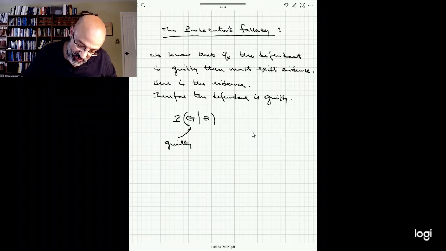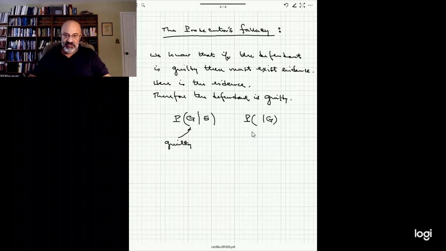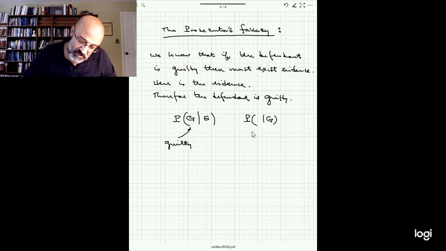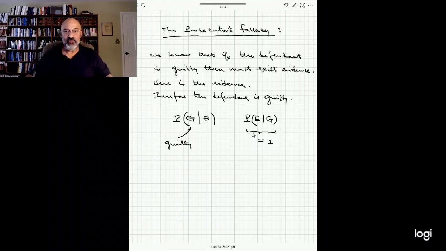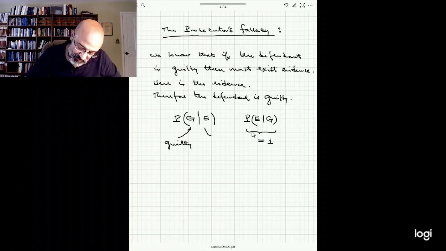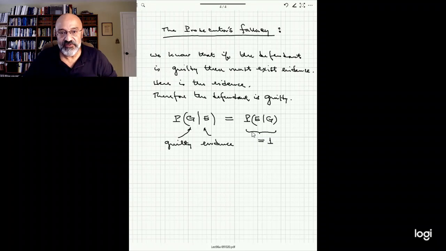What we actually know is that if the defendant is guilty, there must be some smoking gun. And we say this is equal to 1. This is very reasonable. What is not reasonable is to set the two equal to each other.